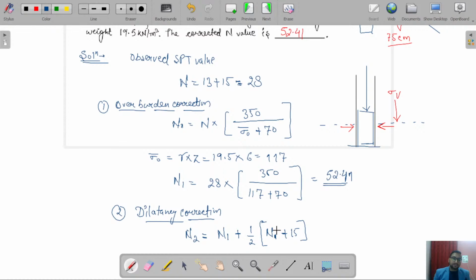Is it the correct formula? Or will it be minus? It will be N1 minus 15 or 15 minus N1? These are some confusions you are going to get in your exam also.